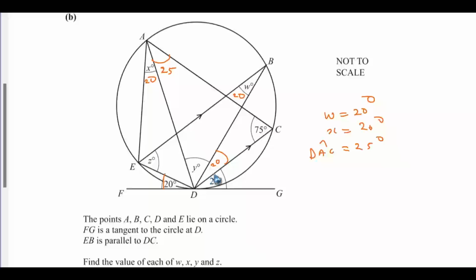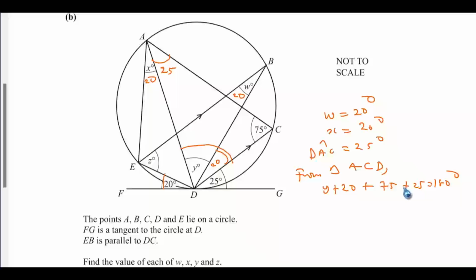So from this I can find angle Y, because this is in a triangle, let's say triangle ACD, so I can find Y. So it will be Y plus 25 plus, okay, Y plus 20, that is that angle there, then that is the whole of this angle from here to this place, that is Y plus 20, then plus 75 plus 25 should be equal to 180 degrees.